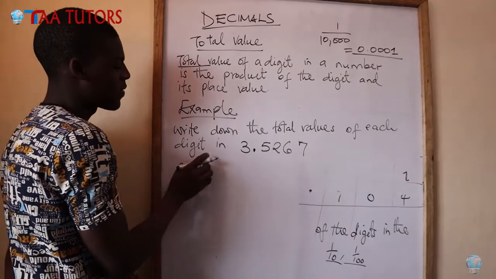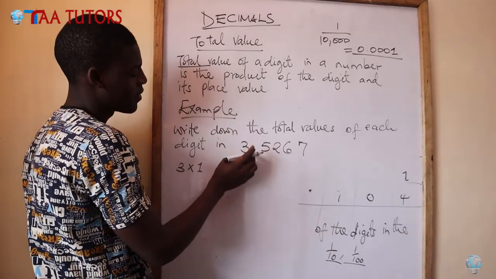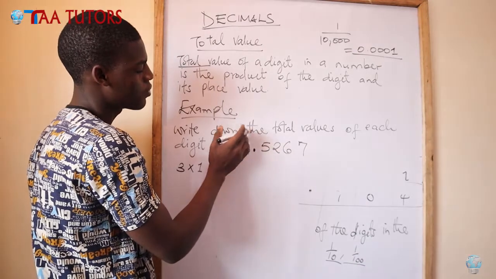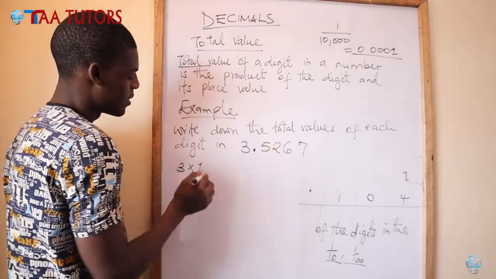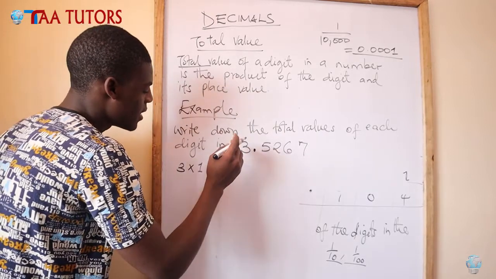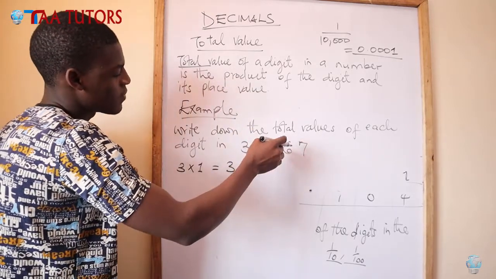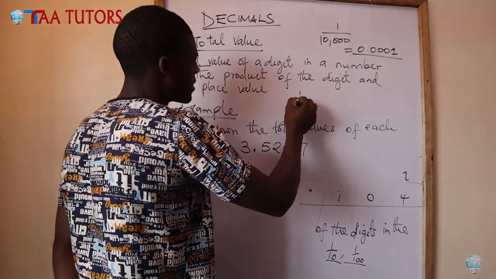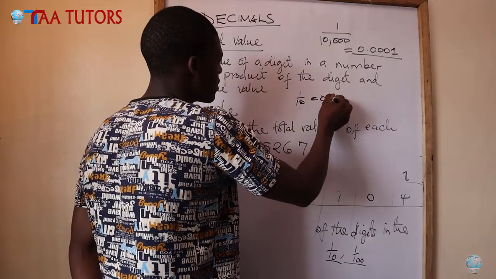This one is for the place value ones. 3 is the first whole number to the left of the decimal point, so it occupies the place of ones. 3 times 1 is going to give us 3. Then after the decimal point, I've said we start from tenths, and tenths is 1 over 10. That is going to give us 0.1.